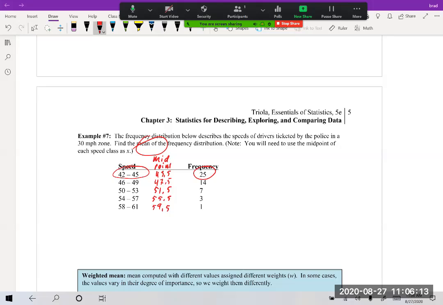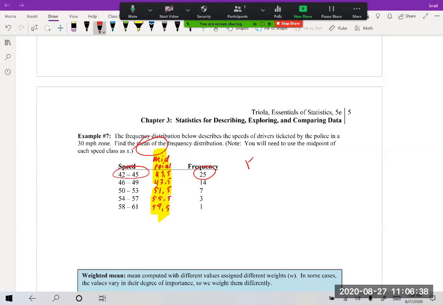They just gave us this frequency table. So the point of this midpoint idea is, I don't know how many people were going 42, 43, 44, 45. So I'm going to guess that in general, if we wanted to average things out, it's 43.5, okay? And how many people were going 43.5? There were 25 of them.